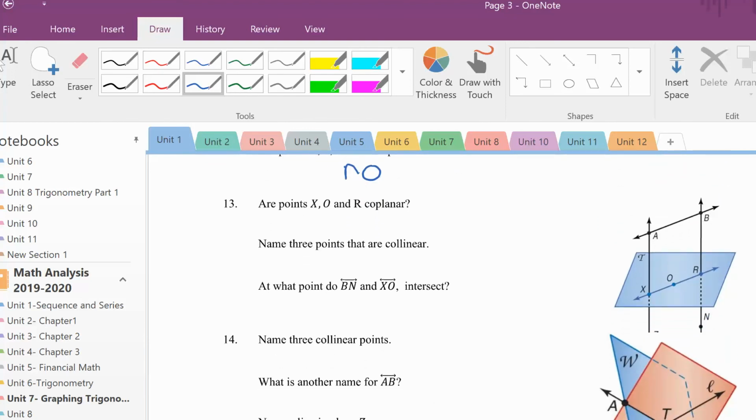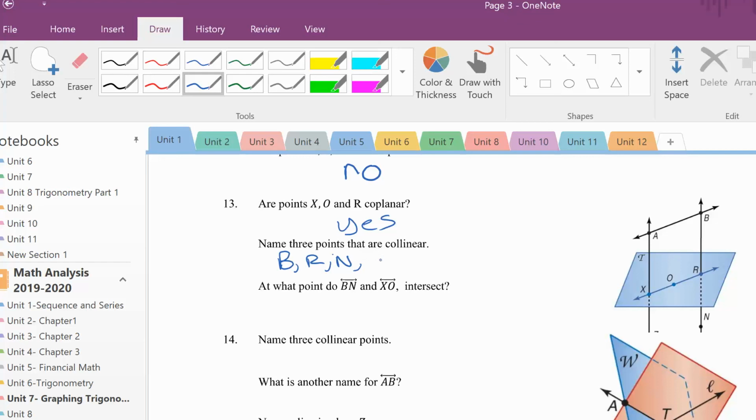So look at the next diagram. Are X, O, and R coplanar? And the answer is yes, because notice they're on the same line, which means they're on the same plane. Name 3 points that are collinear. Well, you could say B, R, and N. They are collinear.